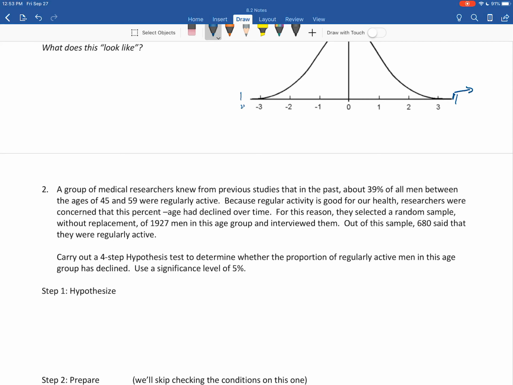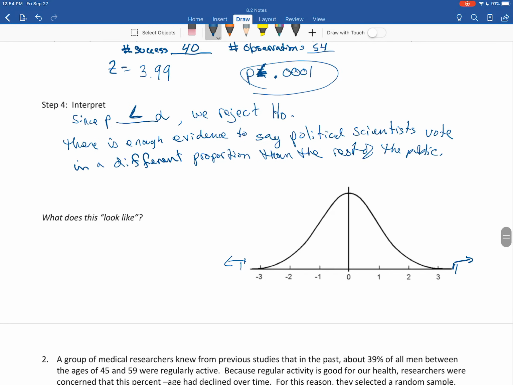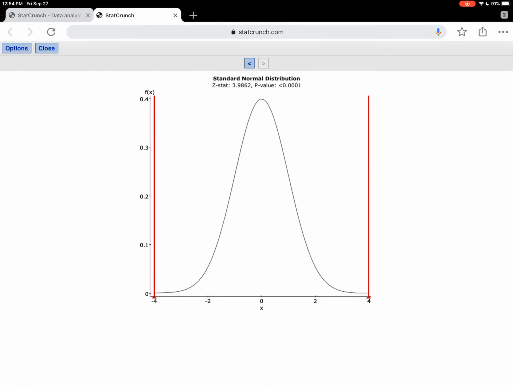And the same thing back here at negative 3.99. Those are our z-scores, basically. This was two-tailed, so the shading beyond those values in the tails represents my probability. Notice there's basically nothing out there, right? There's hardly anything shaded beyond 3.99 in either direction. That's why our p-value came back so incredibly small, because the p is the area that's beyond that.